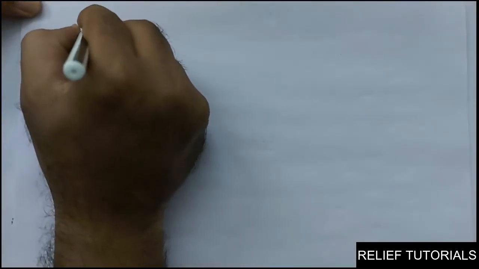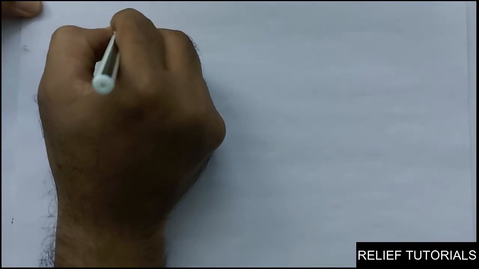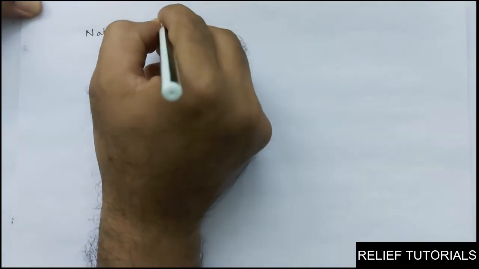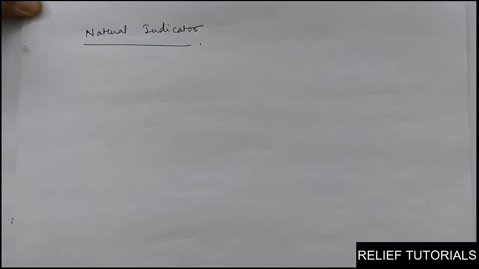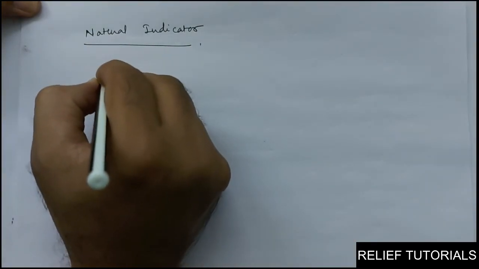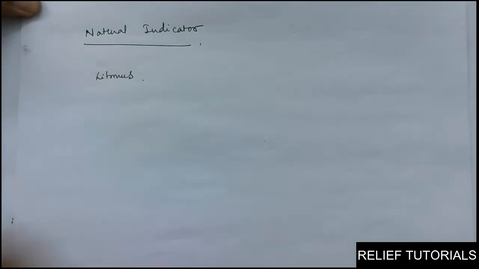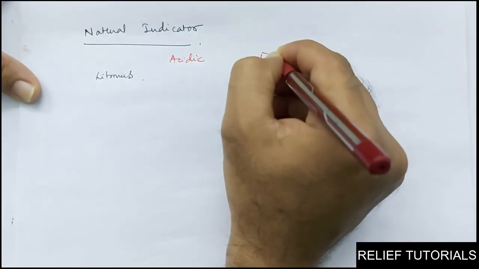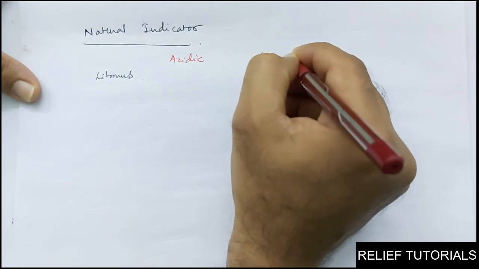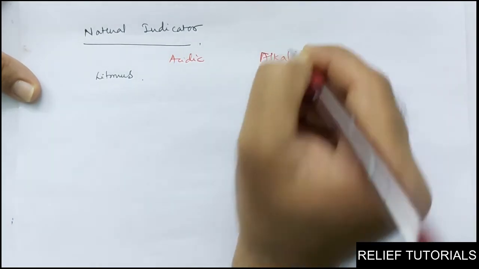There are 2 types of indicators which can indicate whether the solution is acidic, basic or neutral. The first one is the natural indicator, obtained from nature. The first indicator is litmus as usual. In acidic medium and in basic, that means alkaline medium.